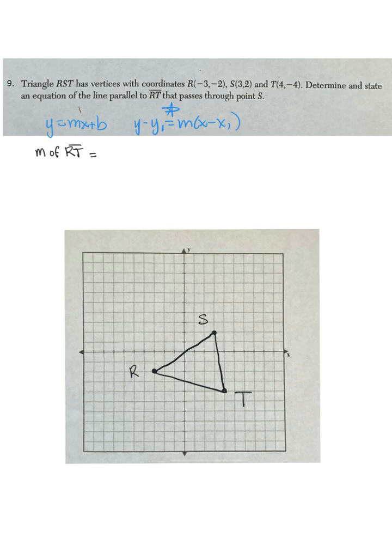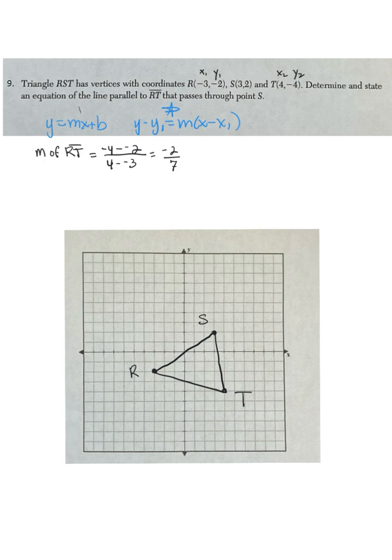All right, so here we go. So RT, I'm going to go, this is x1, y1, and this is x2, y2. All right, y is on top. So -4 minus -2, and then 4 minus -3. Okay, so that ends up giving us -2. And here we've got 7. So there's the slope of RT.